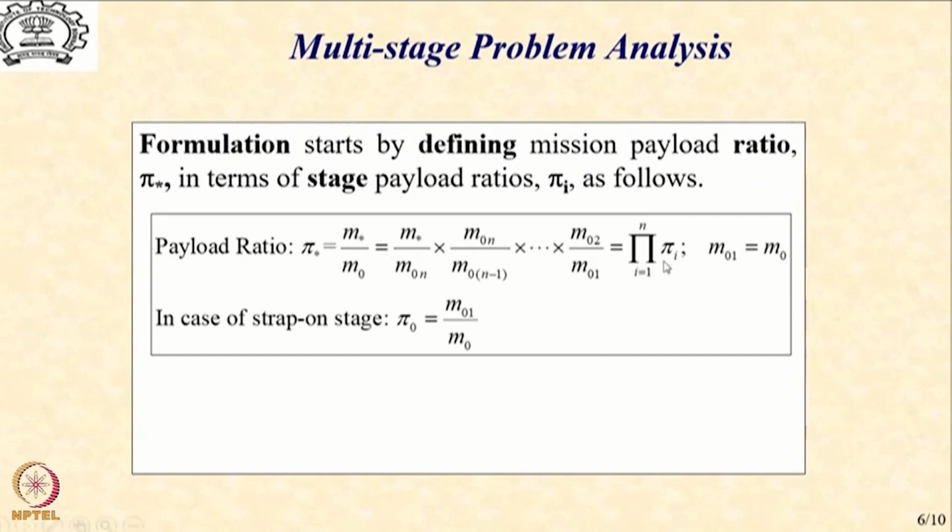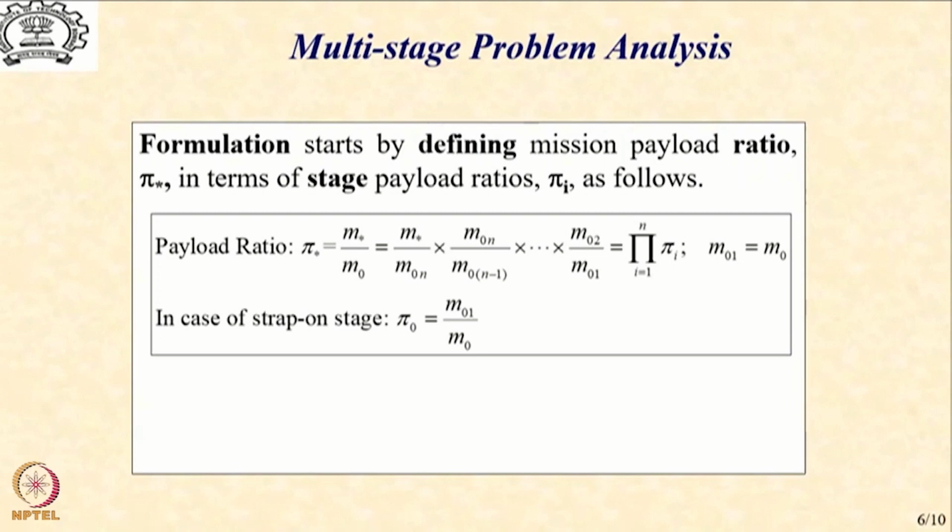In a compact form we can represent this as the product of all the individual stage payload ratios, and that now becomes the main constraint that this rocket must obey: the product of all the individual stages, which is the actual mass configuration of the vehicle, is not unconstrained. It cannot be done in any arbitrary manner.